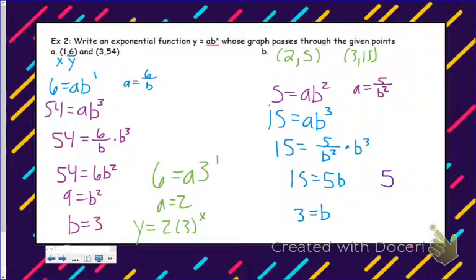So 5 is equal to a times 3 squared. So a is going to equal 5 over 9. So then my equation would be y equals 5 over 9 times 3 to the x. So in this model, my initial value would be 5 over 9, and my rate here would be 3. This would be showing exponential growth.